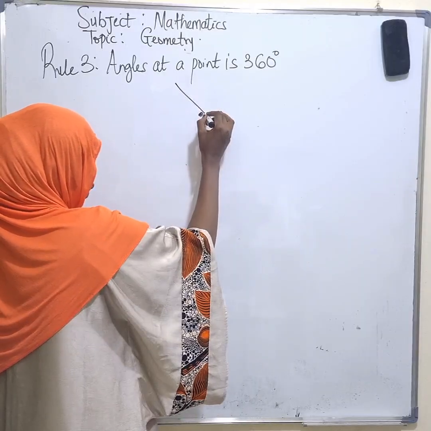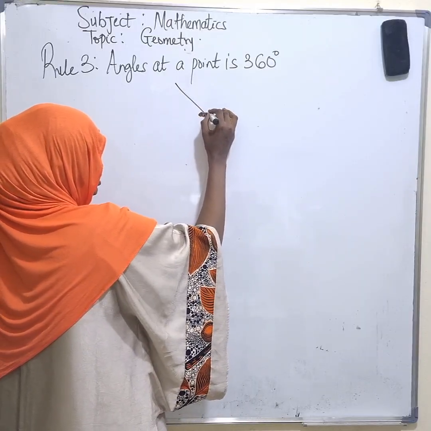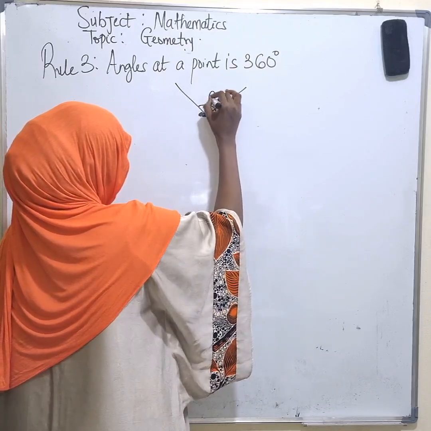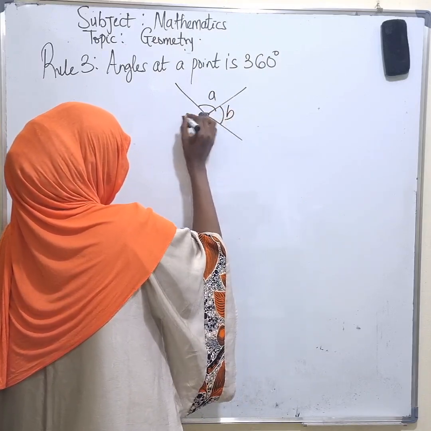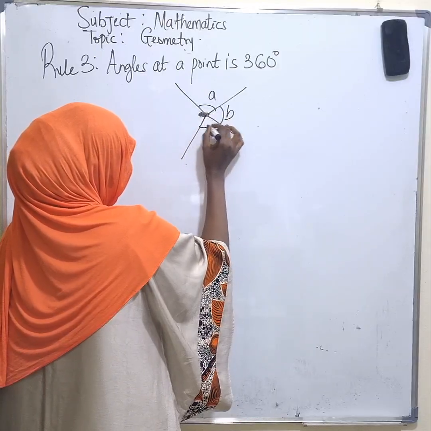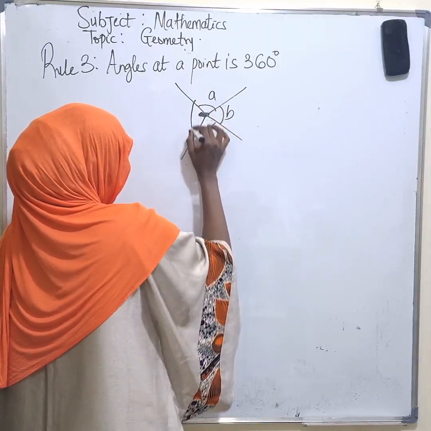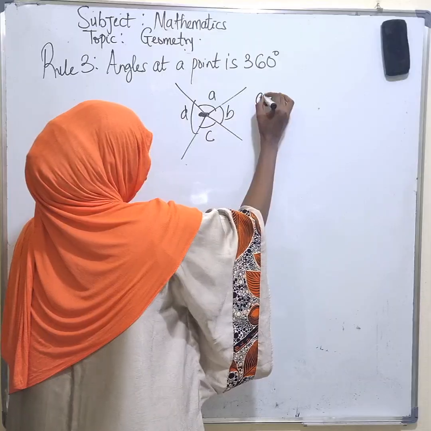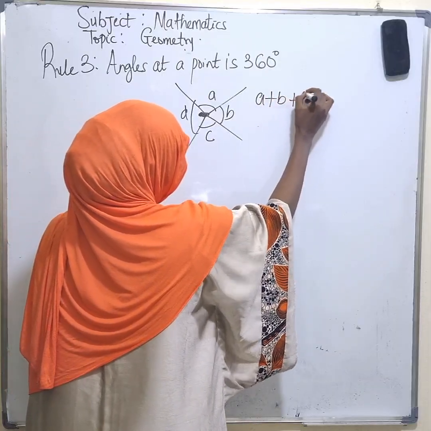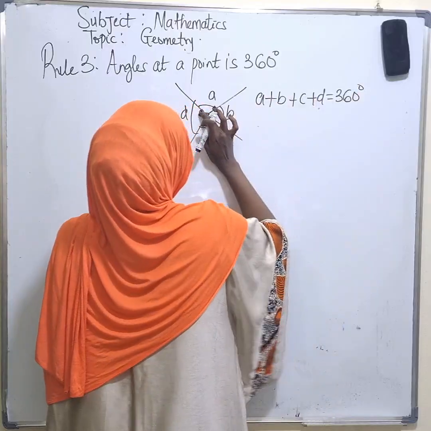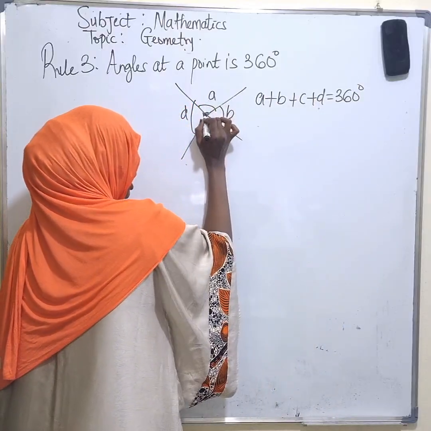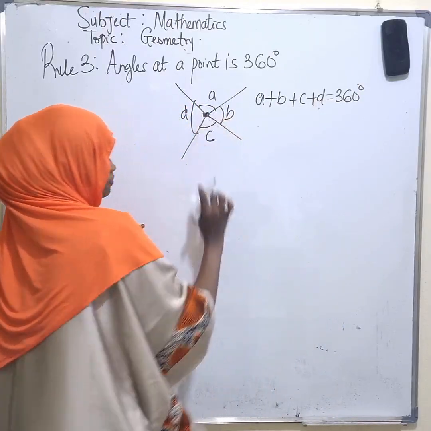If you have an angle at this point, let's call here angle A. You have another angle at this same point, call it angle B. You have another angle here, C. Then you have another angle here, D. If you sum all these angles, A plus B plus C plus D, this is equal to 360 degrees because all of these angles are at this point here.